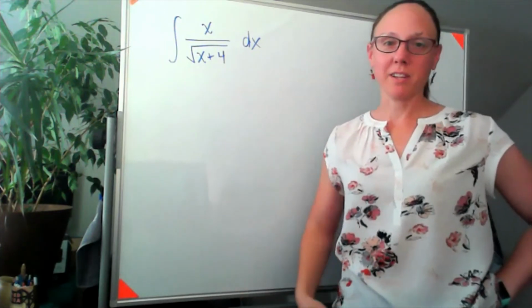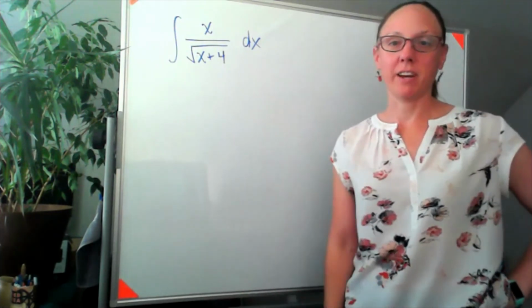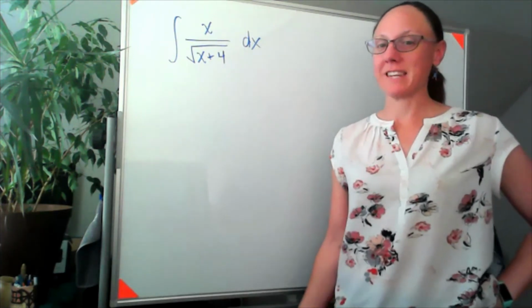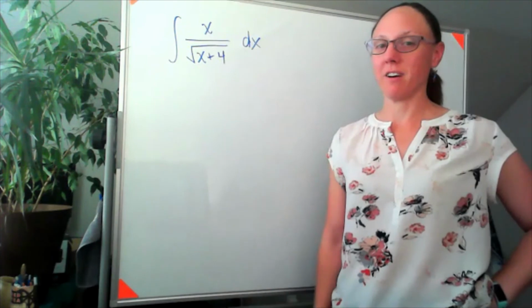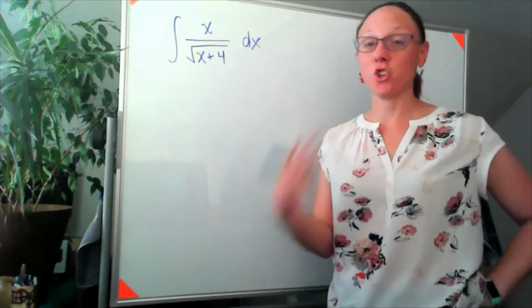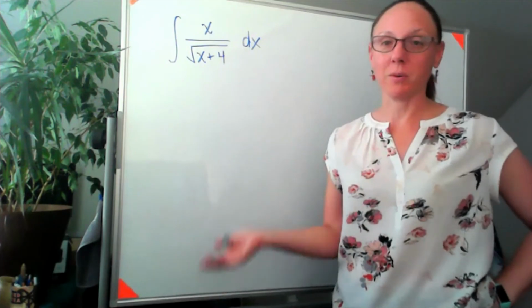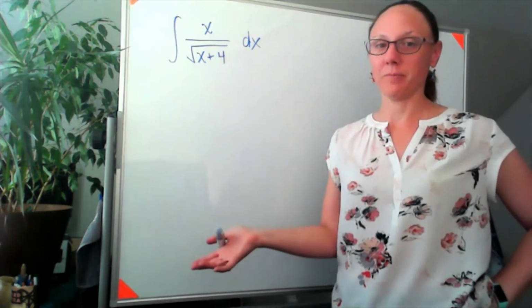I'm going to walk up to this integral, x divided by the square root of x plus 4. And I'm going to ask myself, is it algebra, trig, or a mixture of stuff? And the answer is it's just algebra because I've only got x's. So I'm hoping there's some kind of algebra that we can do.